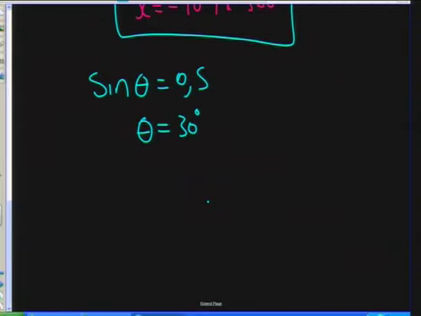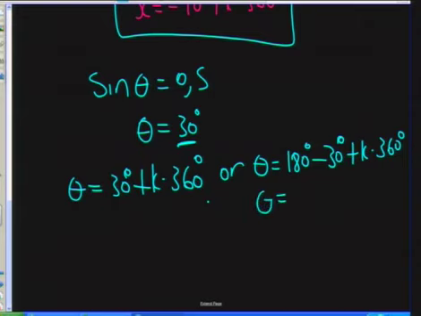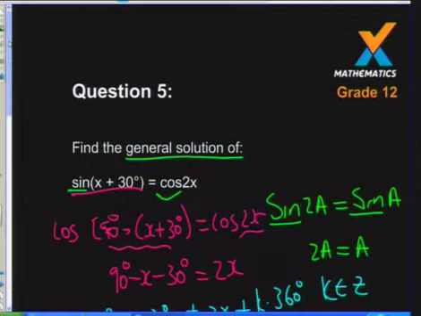So for sine, the general solution is the key angle plus k times 360, or theta equals to 180 minus the key angle, which is 30 degrees, plus k times 360. So theta is 150 plus k 360. So what I'm saying, you can still use the sine. You can change both sides to be sine, and use the general solution for sine, okay?